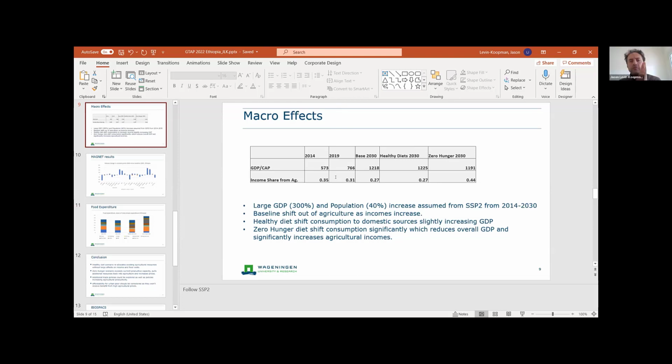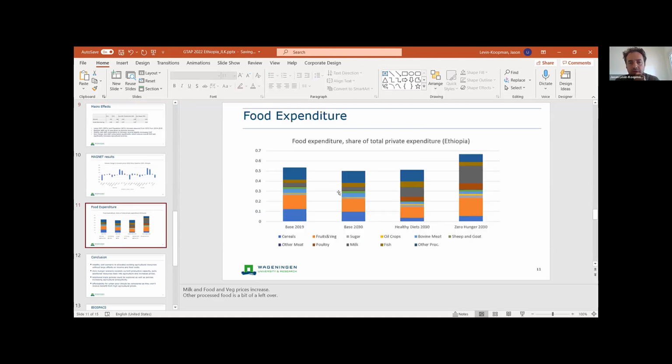Okay, so maybe there's a slight misunderstanding. In the baseline, as you see, as Ethiopia gets richer, the share, well, it's actually the income share here, from 2019 to 2030, the share of income spent on food does decrease as the country gets richer.